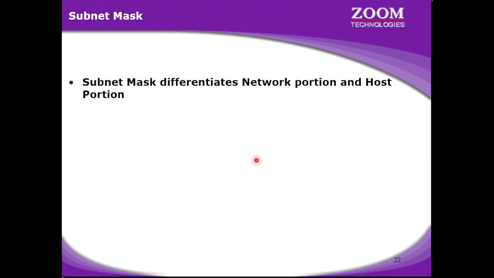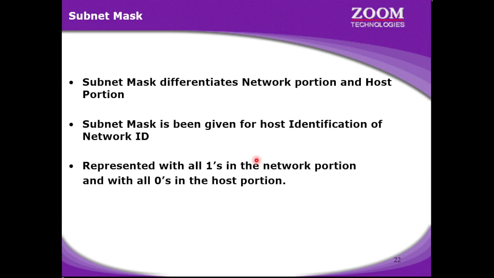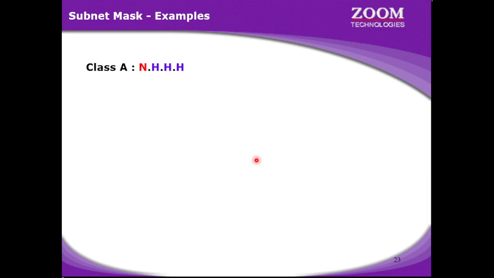Now, pag-usapan po muna natin si subnet mask. Si subnet mask, siya po yung nagdi-differentiate between the network portion and the host portion. Subnet mask is being given for host identification of network ID and represented with all the ones in the network portion and with all the zeros in the host portion. So, halimbawa, si class A, network.host.host.host.